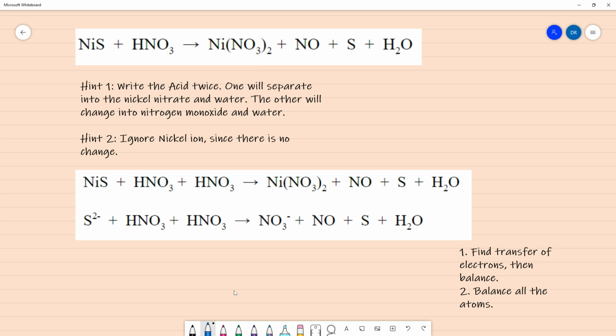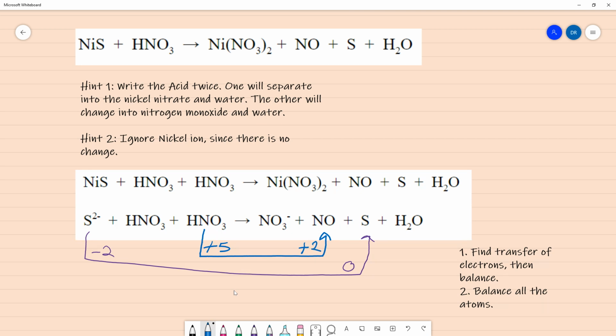So again, we're going to say this nitrogen will change into the nitrogen monoxide. Then we see that the sulfur goes from -2 to 0. Let's write that in, -2 to 0. We know this one is +5 to +2.